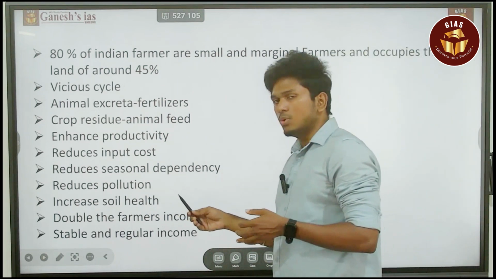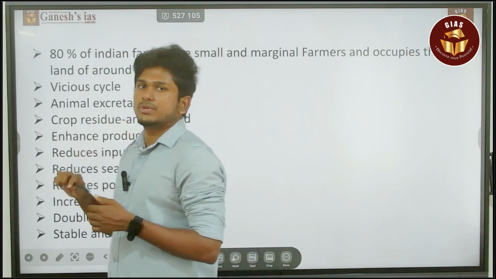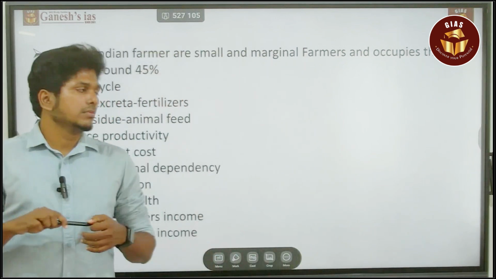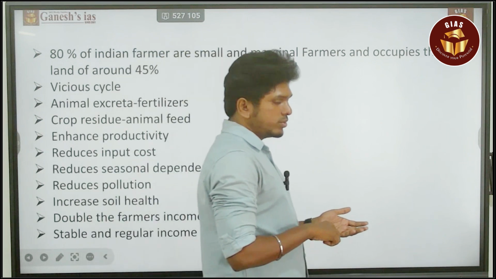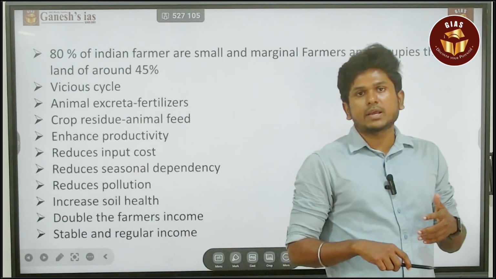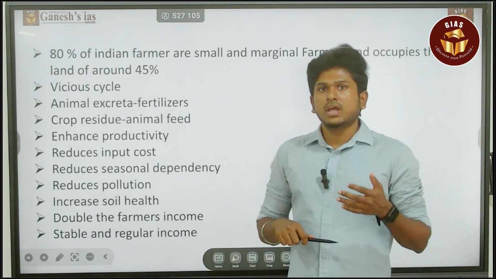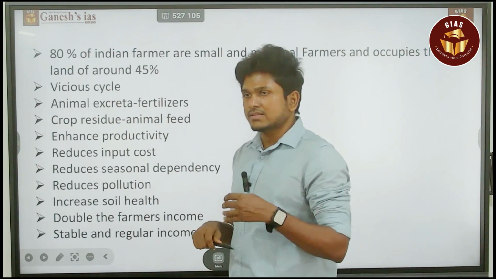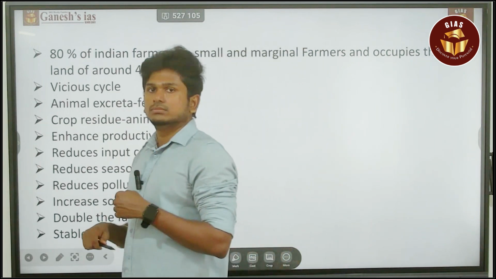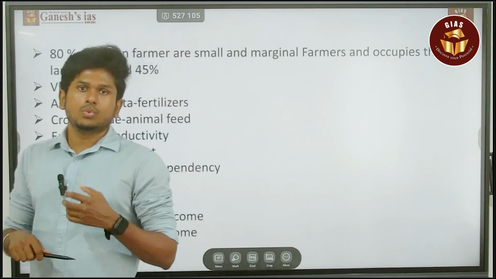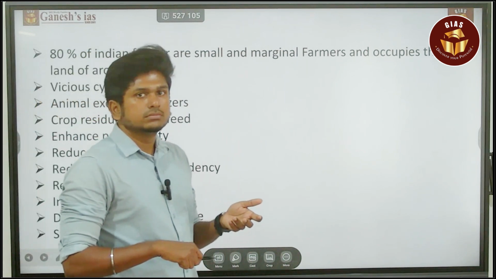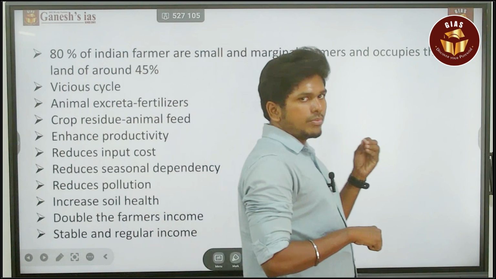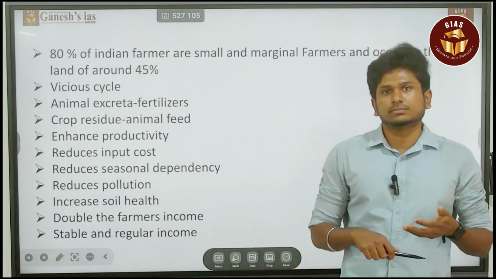That can also be overcome by this integrated farming system. It will increase the soil health, and it will provide a stable and regular income for the farmer. In future, it will help in doubling the farmer's income. That is the motto of the Government of India, to double the farmer's income. This integrated farming system is going to do that.